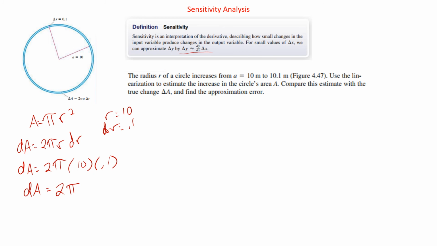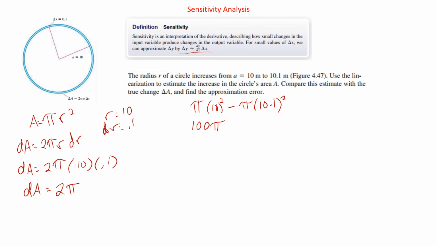That's what we just did. Now find the actual change. The actual change is going to be the area at 10.1, so that'll be pi times 10.1 squared minus pi times 10 squared. When we do this, 10 squared is going to be 100 pi.